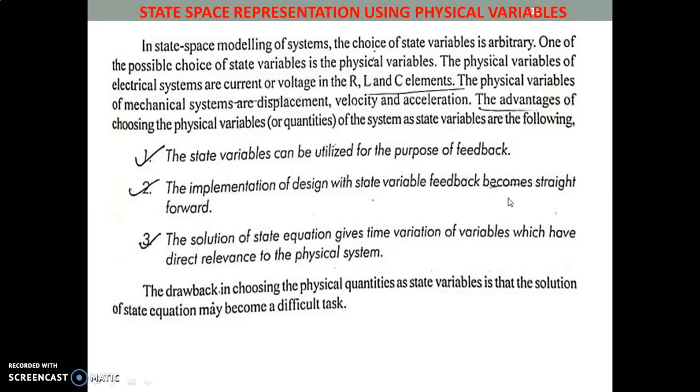And third, the solution of the state equation gives time variation of variables which have direct relevance to the physical systems. These are the advantages if you are selecting physical variables as state variables.